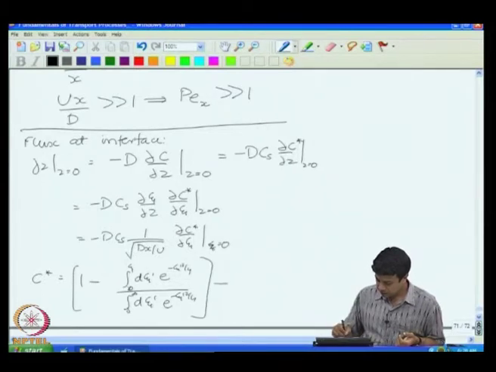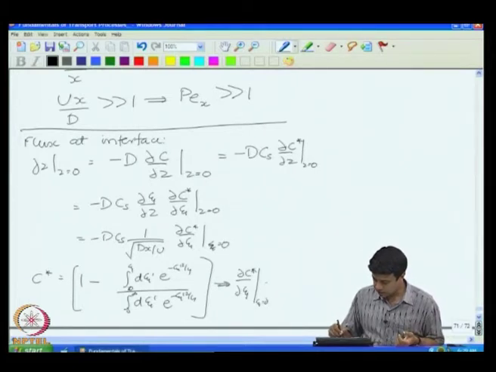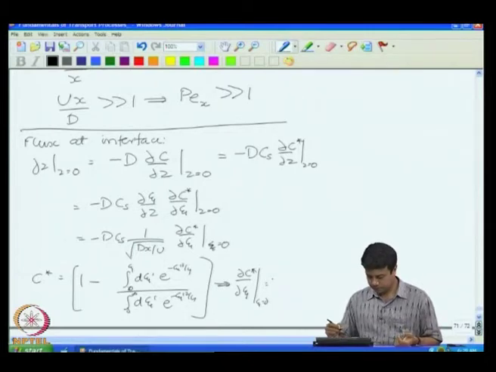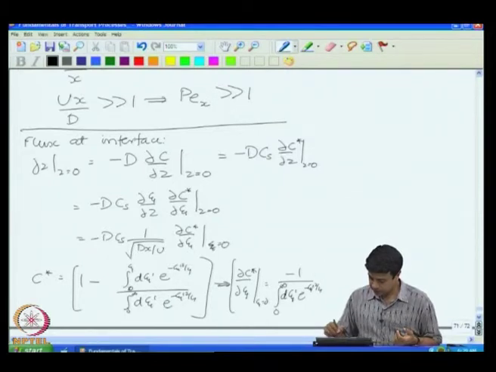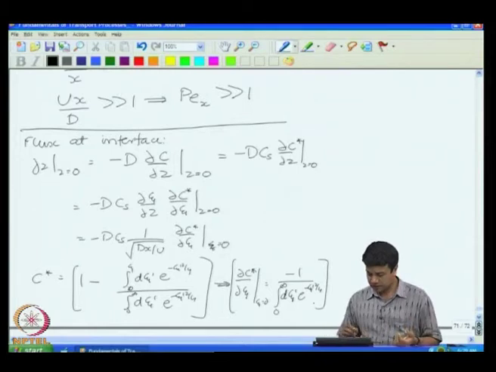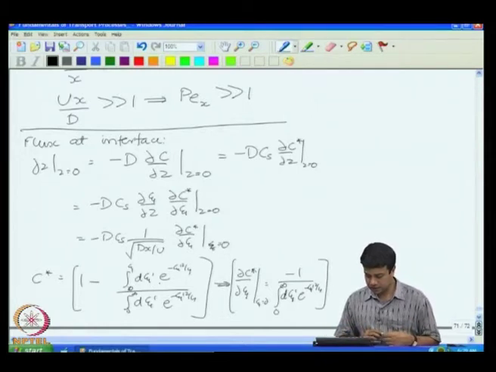Which implies that dc star by d psi at psi equal to 0 is equal to minus 1 by integral 0 to infinity. Just taking a derivative, and then taking the value at psi equal to 0.